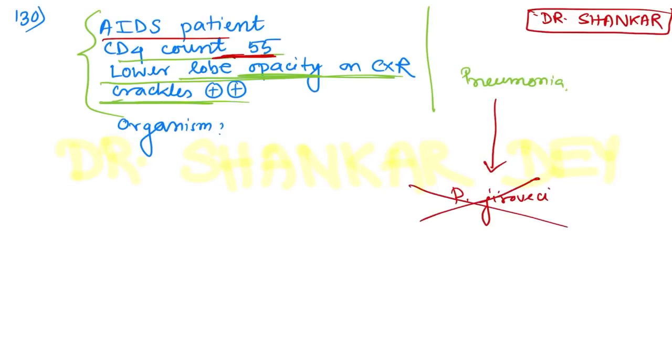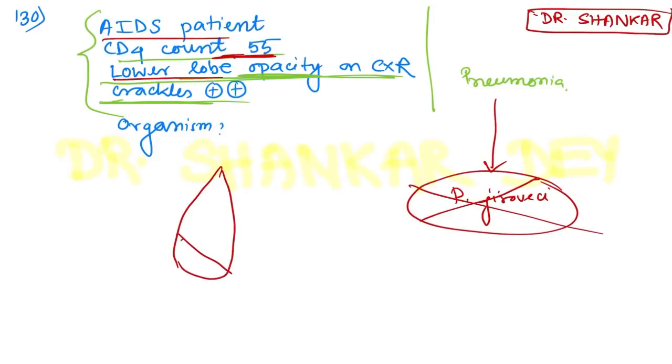This is not pneumocystis jirovecii pneumonia, because in pneumocystis jirovecii pneumonia, one particular lobe is not involved. There is involvement of the bilateral hilar region, that is why hilar opacity is seen in most cases. But here only one lower lobe is involved.